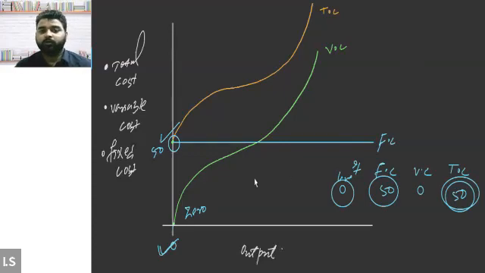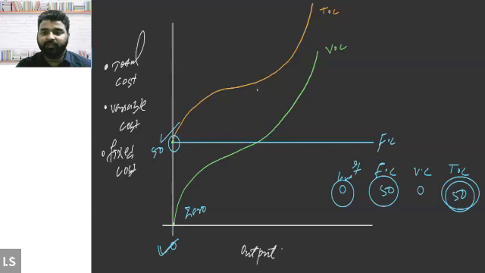So this is how all three curves can be represented on a single diagram. Here you can also notice that the total cost curve and the variable cost curve have the same diagrammatic representation. Both are inversely S-shaped, and both will be parallel. They won't be intersecting each other at any point.